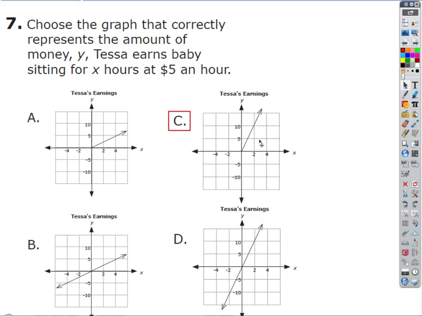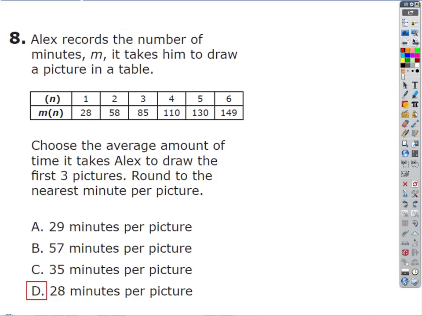Why does C make sense, but D really doesn't for this situation? She's not losing any. Yeah, it's pretty hard to babysit for a negative number of hours, isn't it? I'm not sure what that would look like, but that one doesn't make sense, right? You start with 0 hours and you get more from there, right? Okay, we can skip that.